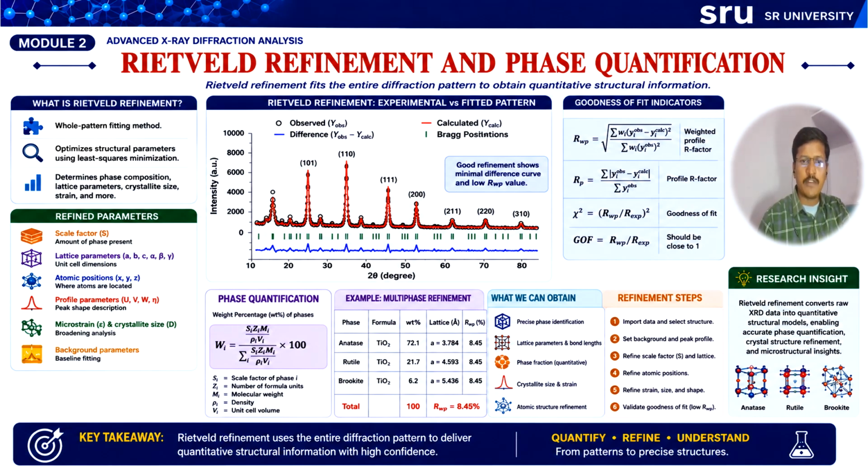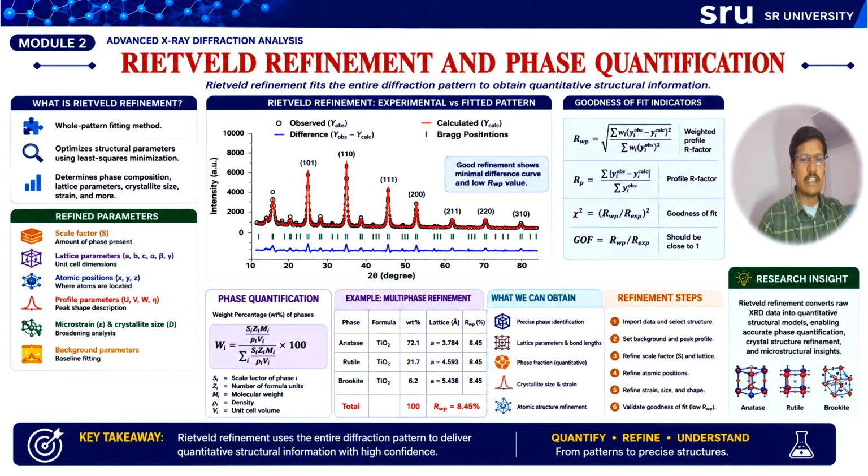The phase quantification equation, that is W_i is equal to S_i Z_i M_i V_i divided by the sum over all phases. Here S is the individual scale factor of the phase, Z is the number of formula units, M is the molecular weight, rho is the density, and V is the unit cell volume.